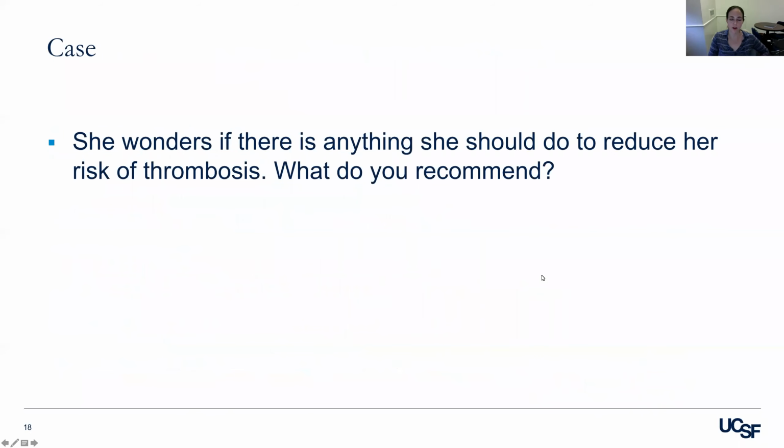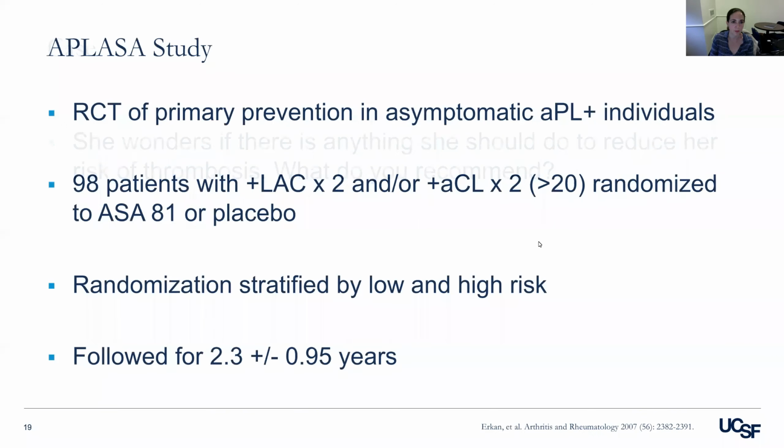So based on that counseling, she wonders if there's anything that she should do or can do to reduce her risk of thrombosis. So what can we recommend to this patient and what is the evidence base for it? So the APLASA study is the only randomized controlled trial of primary prevention in asymptomatic antiphospholipid antibody positive individuals.